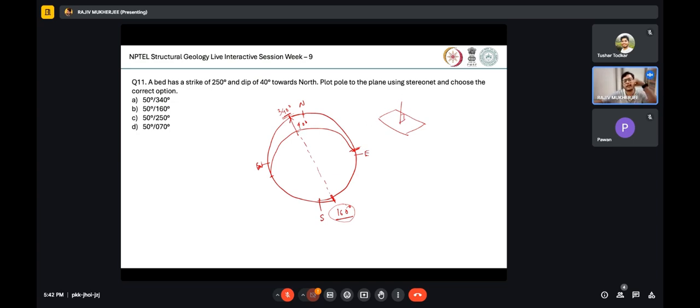That means 40 degrees is already here, and we need another 50 degrees. So imagine we counted 40 degrees from here, and then you go to the other side and start counting from 0 to 50. So you will end up here. This will be your pole. The pole will have a plunge of 50 degrees, plunging towards 160.